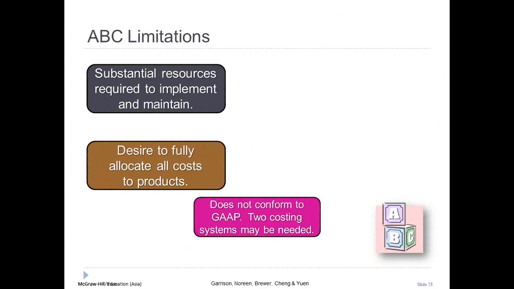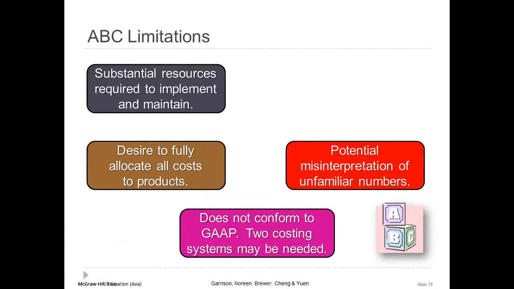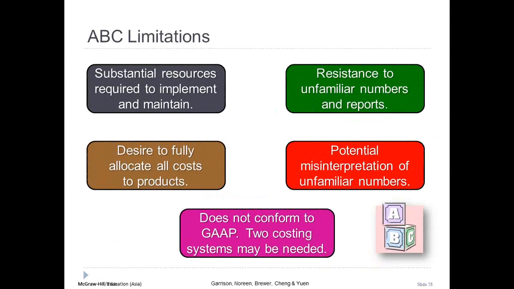There are 5 limitations of activity-based costing. First, implementing an ABC system requires substantial resources. The benefits of increased cost accuracy may not outweigh the implementation costs. Next, ABC systems produce numbers such as product margins that are at odds with the numbers produced by traditional cost systems.